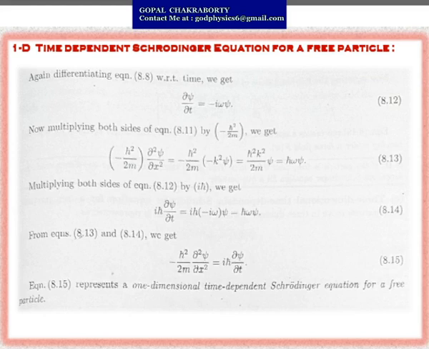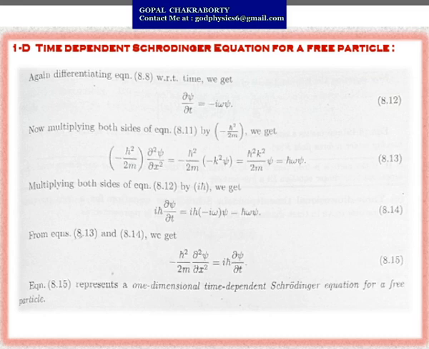So you get minus h cut square by twice m del 2 psi del x square equals minus h cut square by twice m within brackets minus k square psi. The minus minus cancels out, and ultimately you get h cut square k square by twice m psi, which equals h cut omega psi.